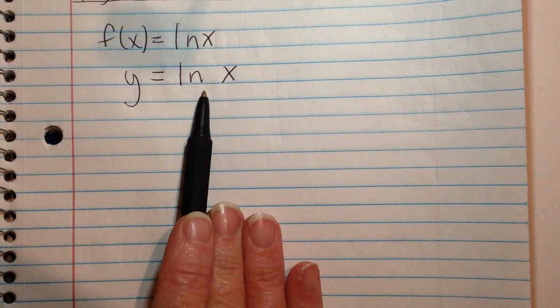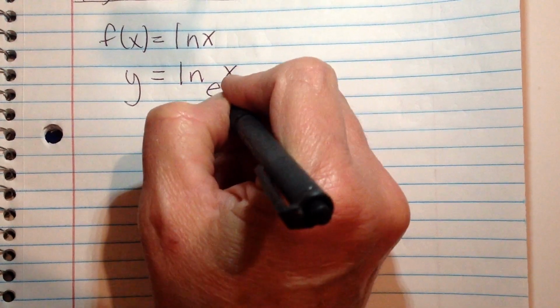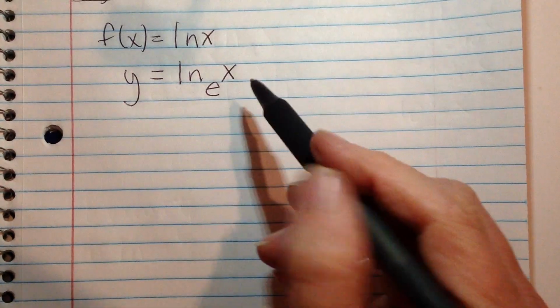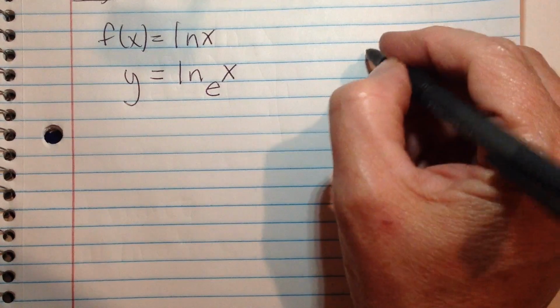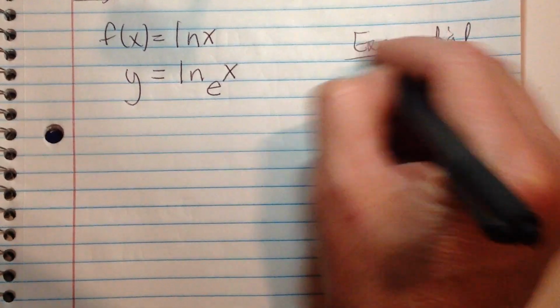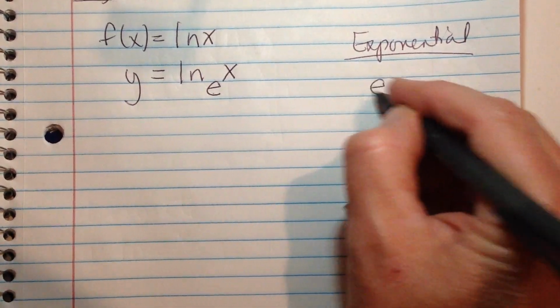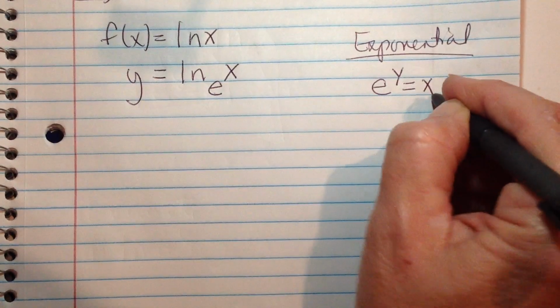Well, the question here is, what is my base? ln has an understood base of e. So converting it to exponential, e would be my base, y would be the exponent, equals x.